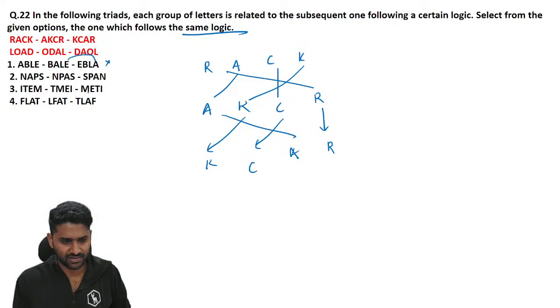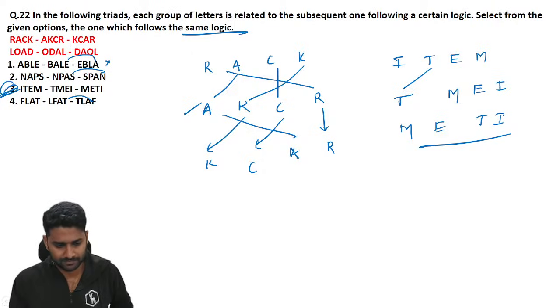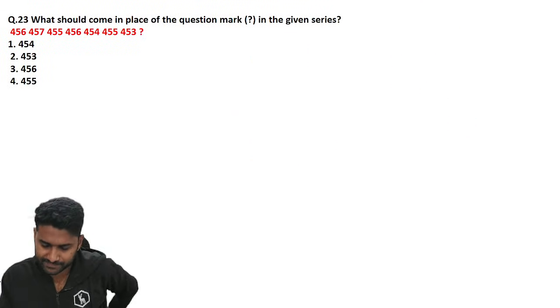This is wrong, so we can find that the last element is sufficient. So the answer is 3. Check with the option I, T, E, M, right? Here the pattern: first one is T, next one is M, E, I. And the next pattern says M, E, T, I. Observation is important.